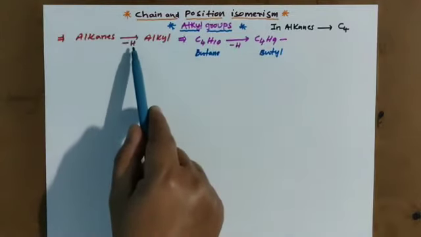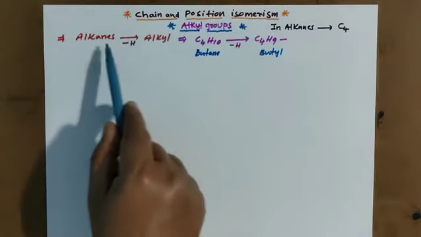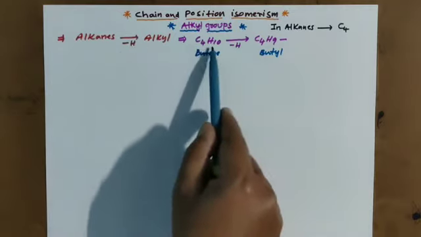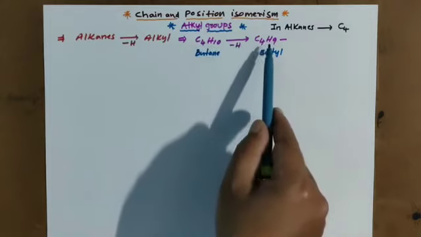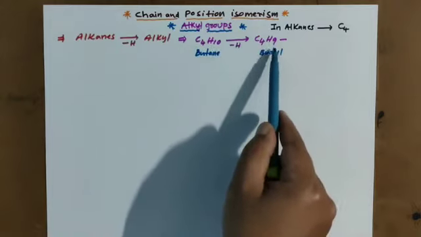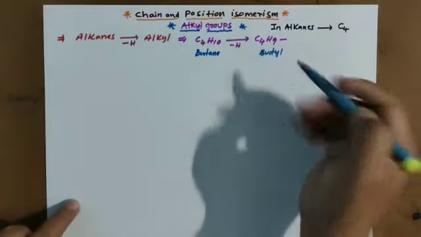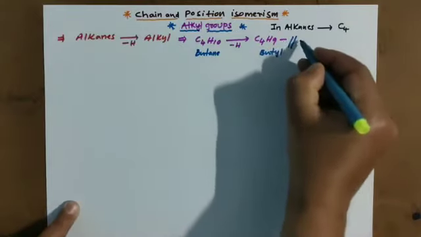When one hydrogen atom is removed from an alkane, you get alkyl. Butane, butyl. Ethane, ethyl. Propane, propyl. Like that.